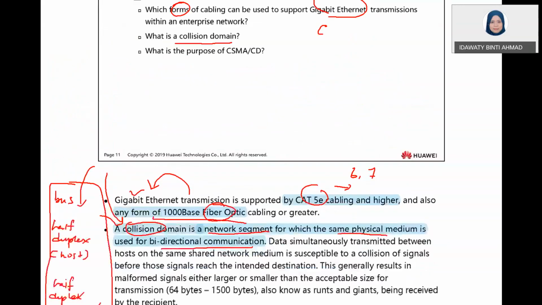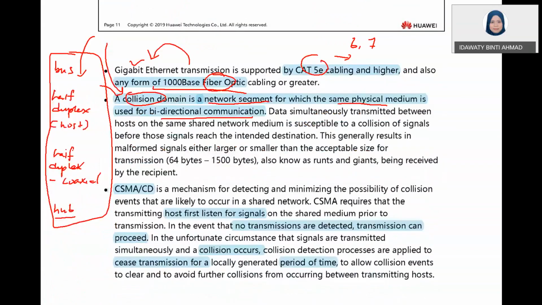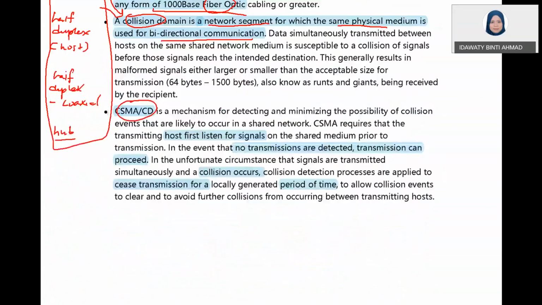So what is the purpose of CSMA/CD? CSMA/CD is to detect and minimize collision. It cannot make collisions not occur. Collisions will happen.